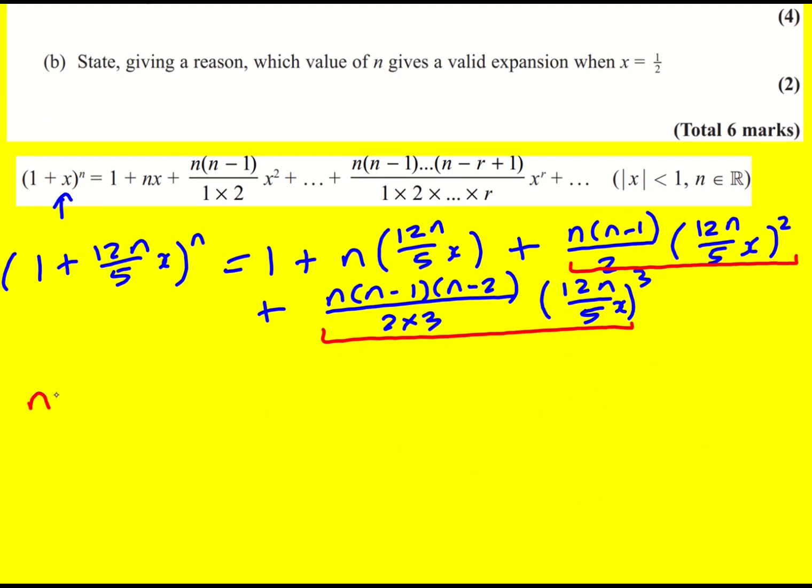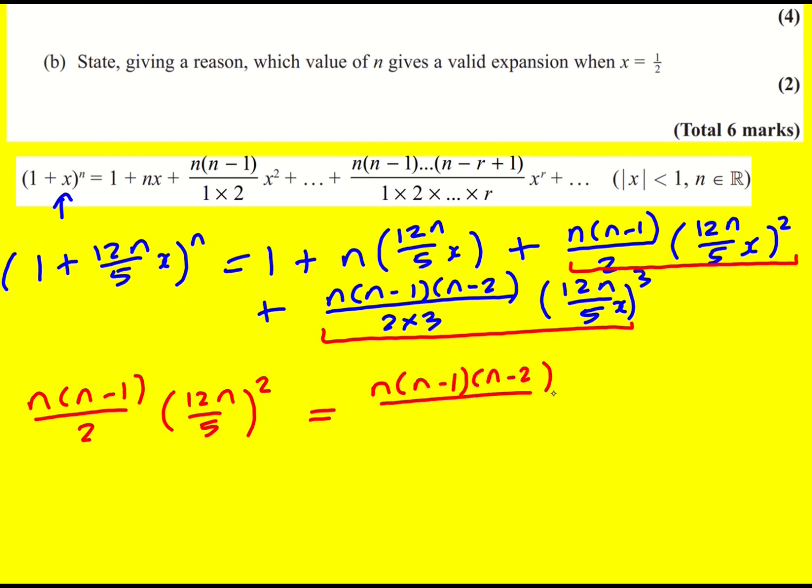So I can then write down that n minus 1 over 2, 12n over 5. I'd get an x squared, but if I just look at the coefficient, then that is going to equal n minus 1, n minus 2, over 2 times 3. And again, just looking at the coefficient, I can ignore the x cubed and just write this.